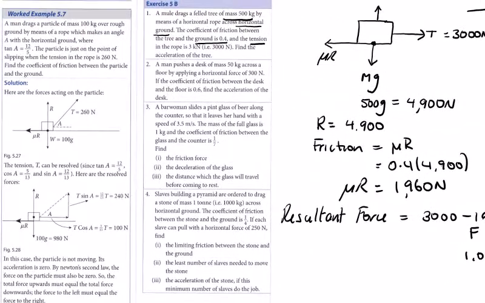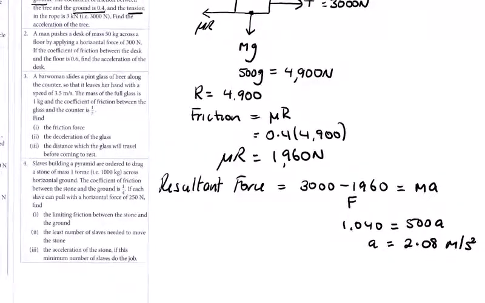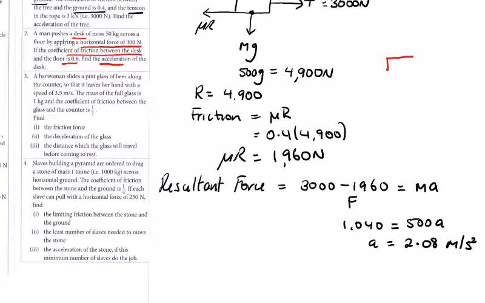Okay, question 2. A man pushes a desk of mass 50 across a floor by applying a horizontal force of 300 newtons. We're told the coefficient of friction between the desk and the floor is 0.6. Find a again. I just sketched the diagram here. What do we know?